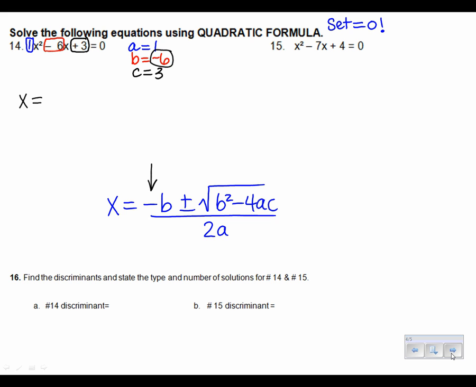Another way that I like to control my negatives and how I plug in is I like to use parentheses for every letter in the quadratic formula. X equals negative b plus or minus the square root of b squared minus 4ac, all over 2a.